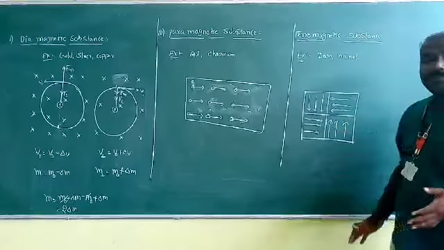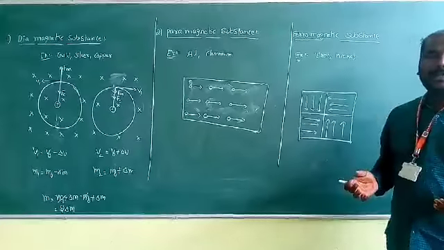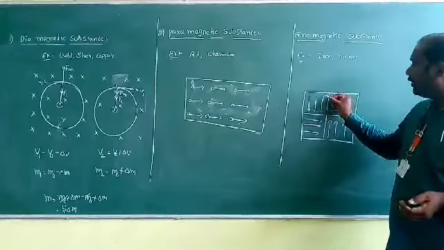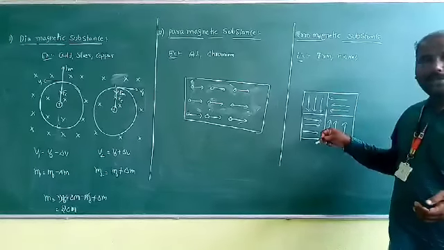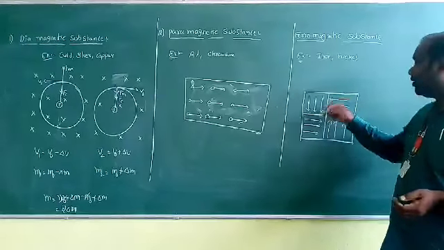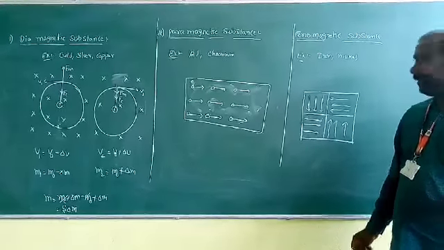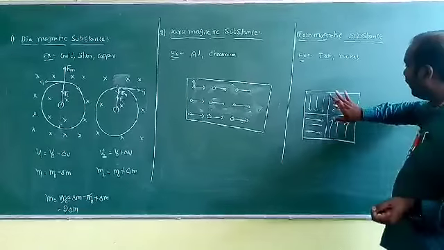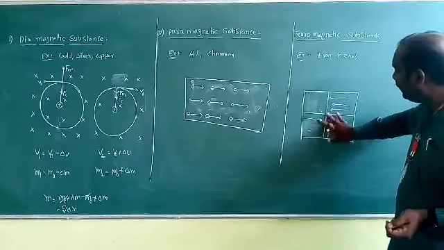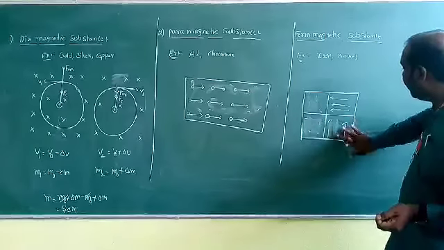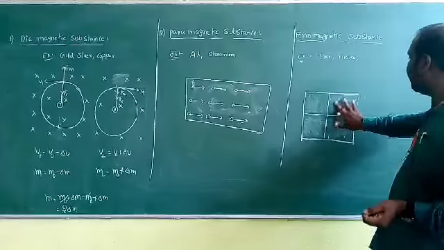But at ordinary temperature, if no external magnetic field is applied, each domain has its own dipole moment in its own direction. All these are in different directions, so they will not exhibit any magnetism. But if an external magnetic field is applied, then all these atoms are aligned in one particular direction.